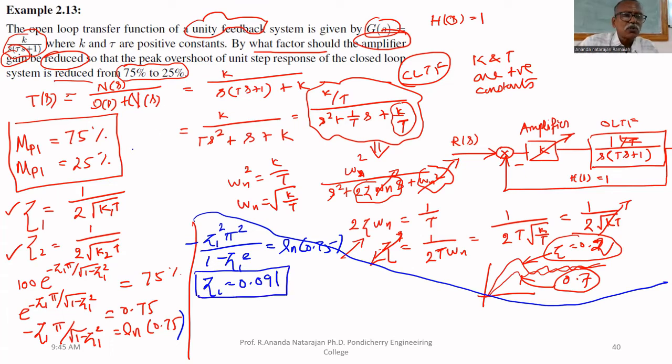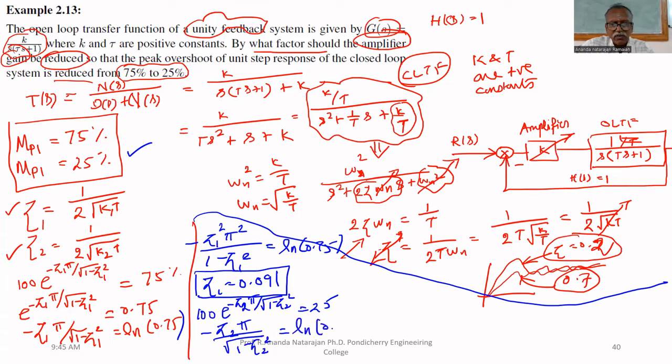Similarly, we can find zeta 2. For zeta 2, the overshoot is 25%. Therefore, we substitute 25% equal to 100 e power minus zeta 2 pi upon square root of 1 minus zeta 2 square. Or we can say that minus zeta 2 pi upon square root of 1 minus zeta 2 square equal to ln of 0.25.